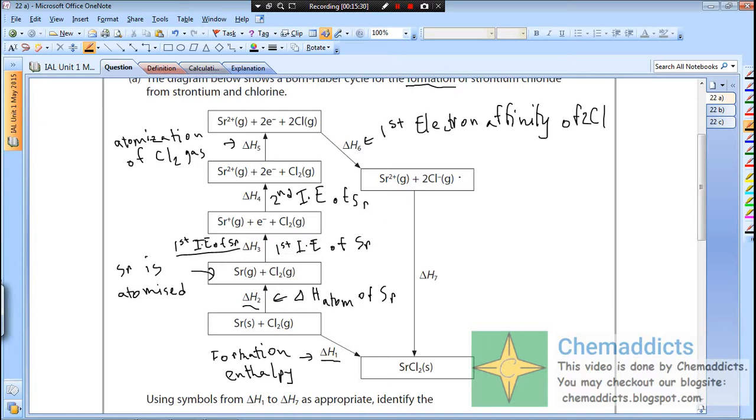Just simply that here Cl minus is formed, not Cl2 minus is formed. So that is why this should be first electron affinity, not second electron affinity. Okay, and we all know that first electron affinity releases energy. So first electron affinity should be endothermic. Why?